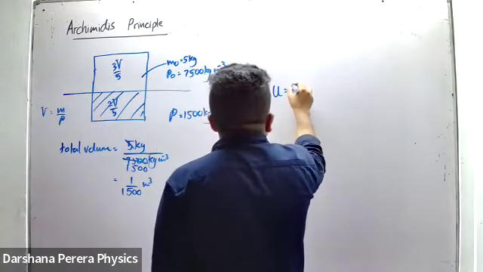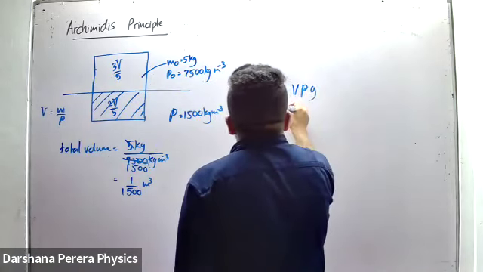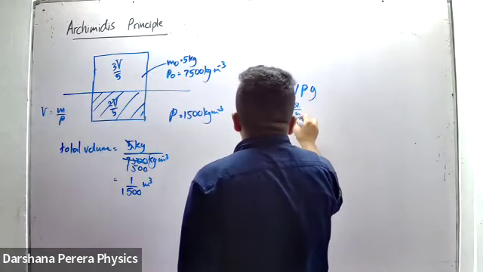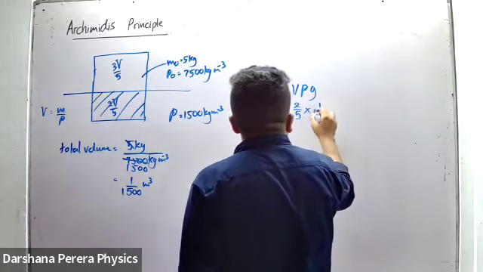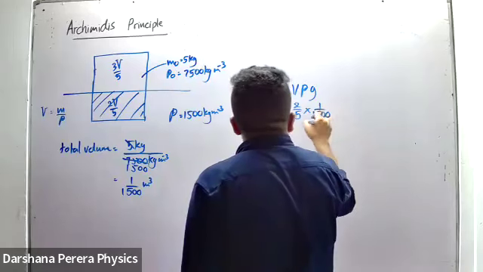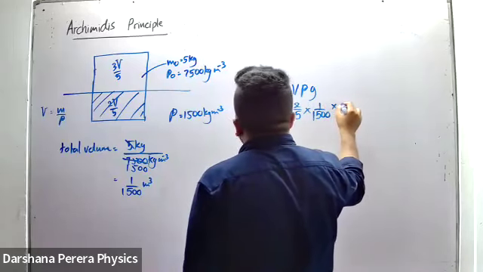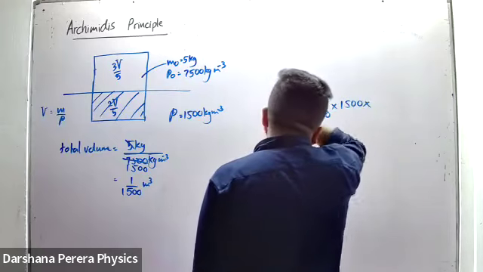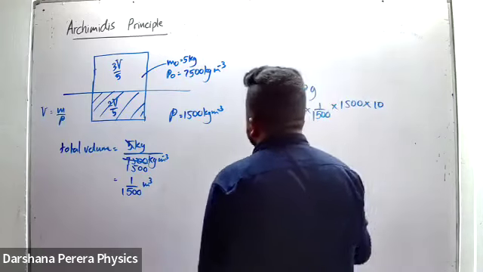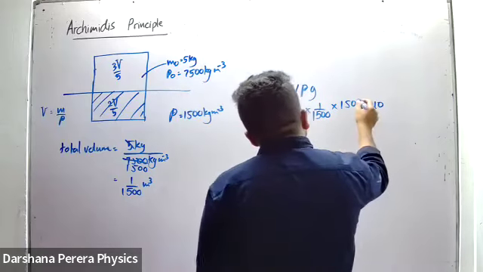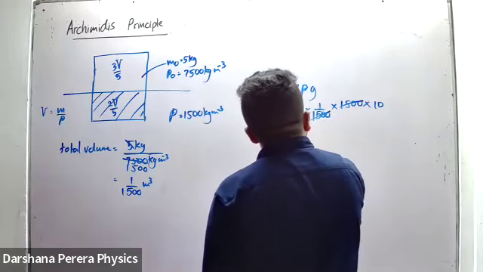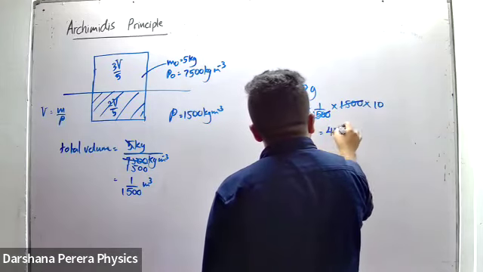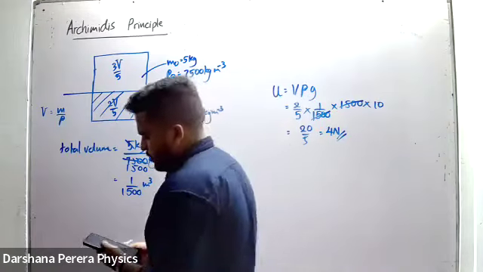So what is U? U equals V rho g. V means this one, the 1/5 volume, V means 1 over 5,000. Rho is this one, g is 10. So no need to worry, it cancels out. So 20 over 5, that means 4 Newton. Right?